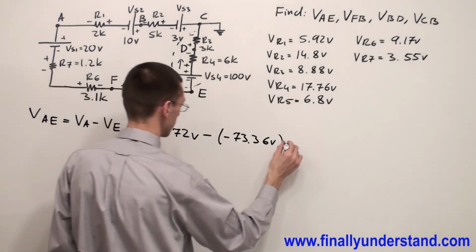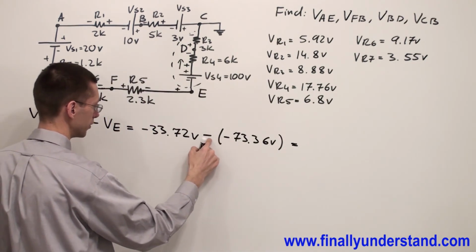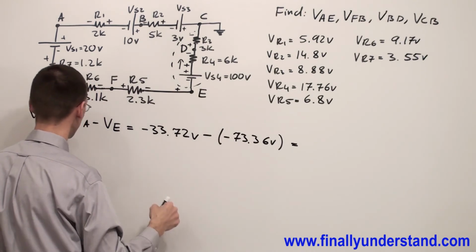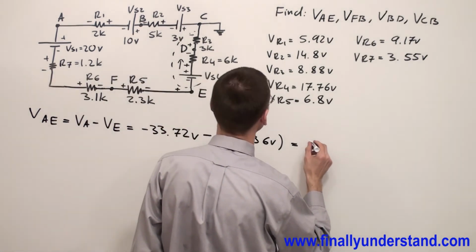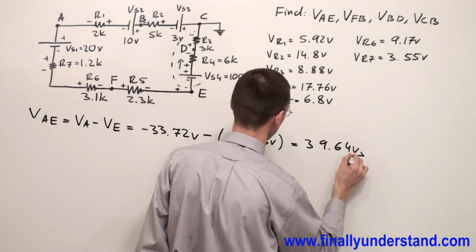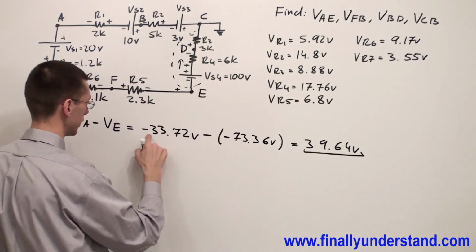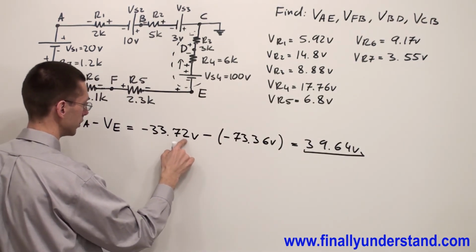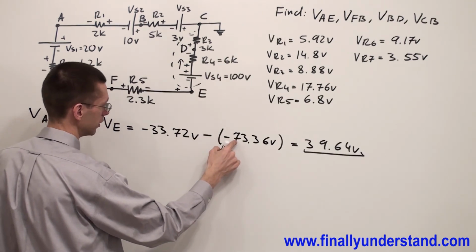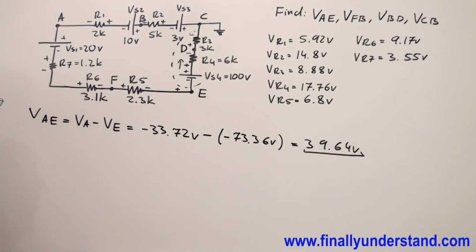So I'm going to have negative 33.72, and negative times negative gives me positive. So VAE is equal to 39.64 volts. Remember, negative times negative gives me positive. So I have negative 33.72 plus 73.36, which gives me 39.64.